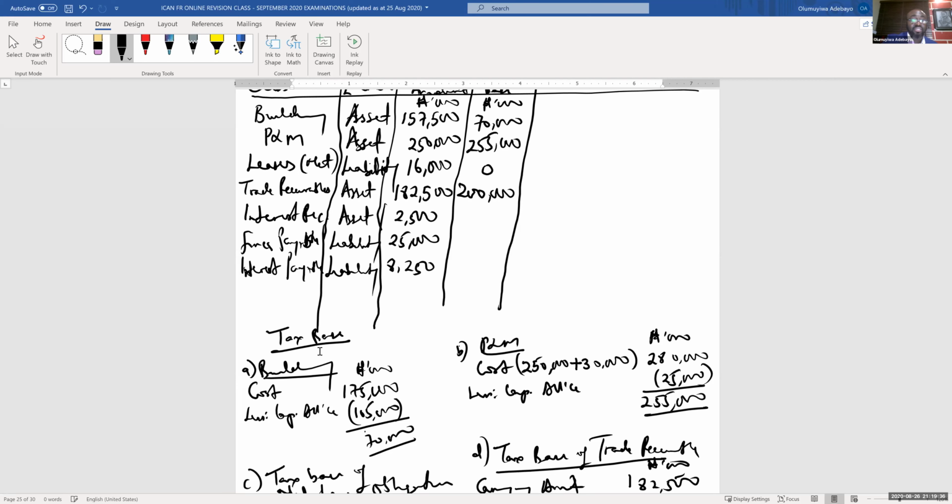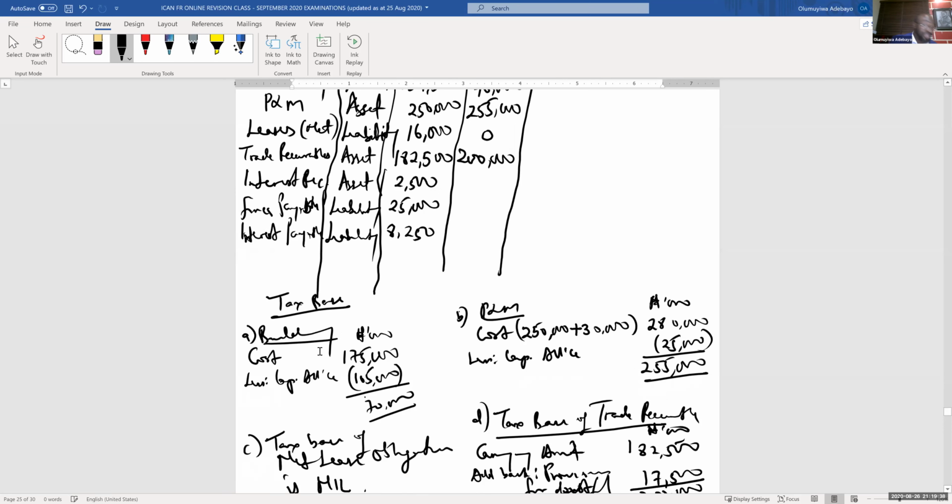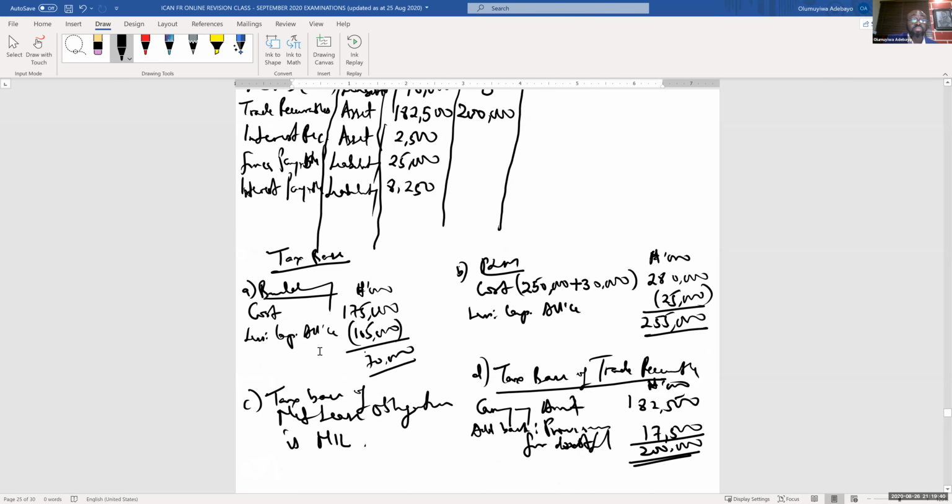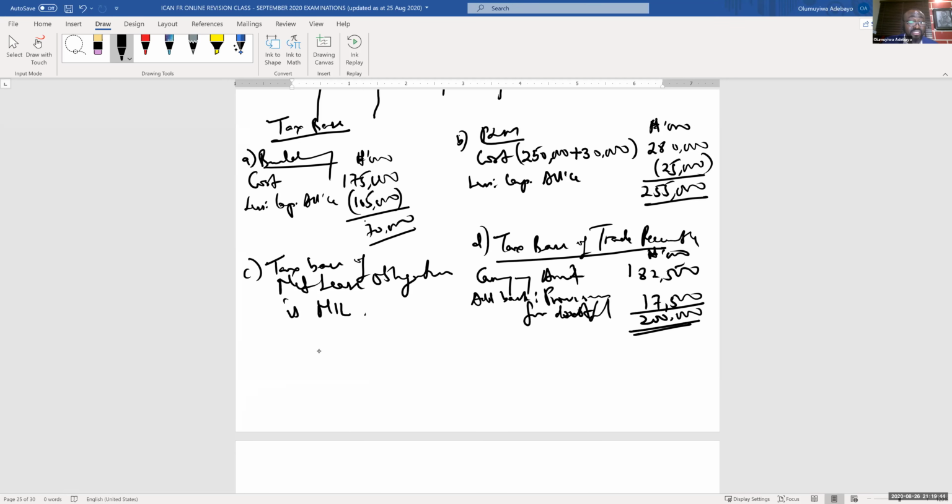Now, interest receivable. There is nothing like interest receivable because for tax purposes, that interest has not been received. Therefore, what you need to do is that for tax purposes, the tax base of such an interest receivable, given that it's only going to be recognized for tax purposes on a cash basis, is nil.